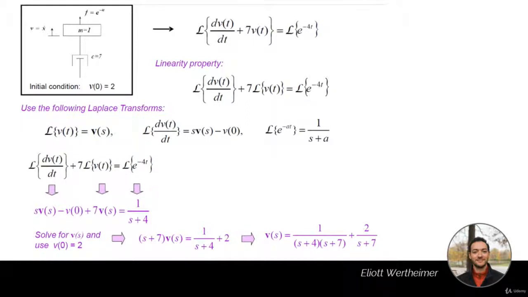So we get that s plus 7 multiplied by V of s, by factorizing, we get this value on the left, is equal to 1 over s plus 4, plus 2. So this is actually the initial condition that we have moved to the other side. Eventually, we can write that the Laplace transform of the velocity with respect to time of the mass, so V of s, is equal to 1 over (s plus 4) multiplied by (s plus 7), plus 2 over s plus 7.